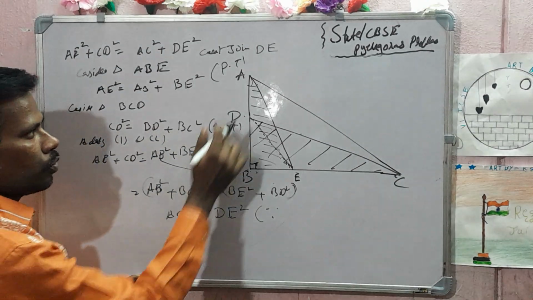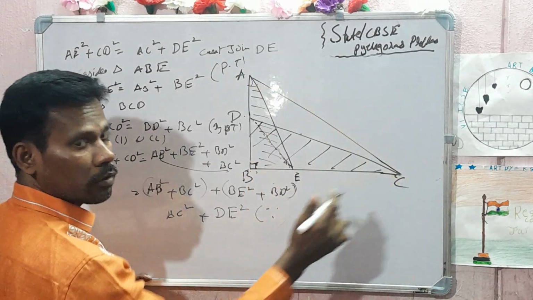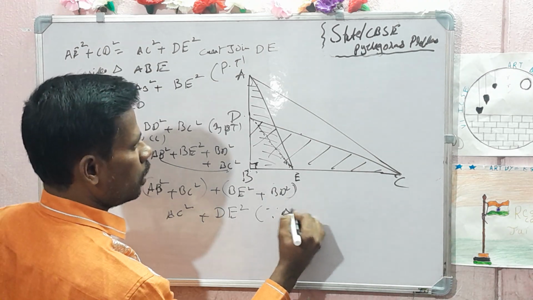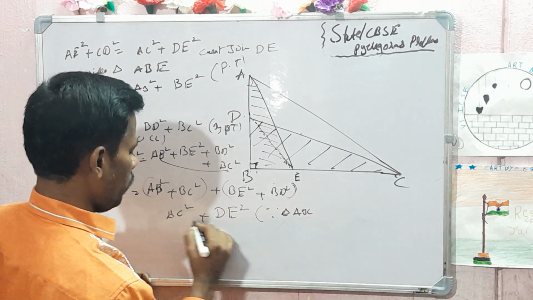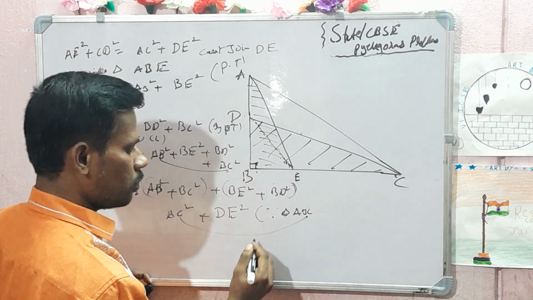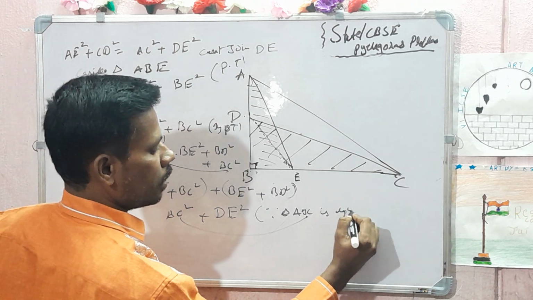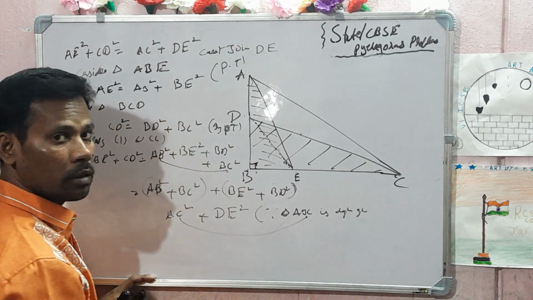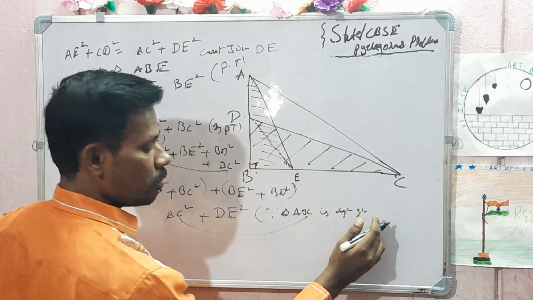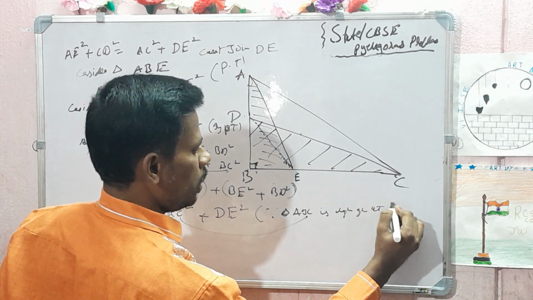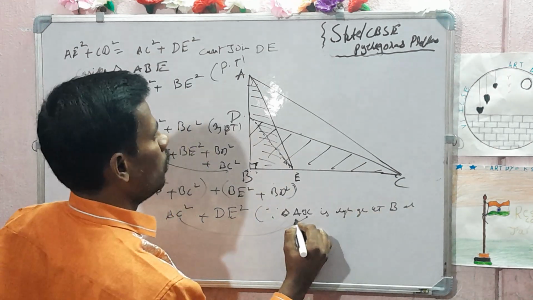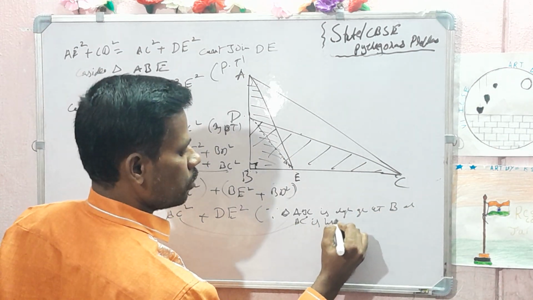AB square plus BC square is AC square, for triangle ABC is right angle at B, also AC is hypotenuse. You can write like this.